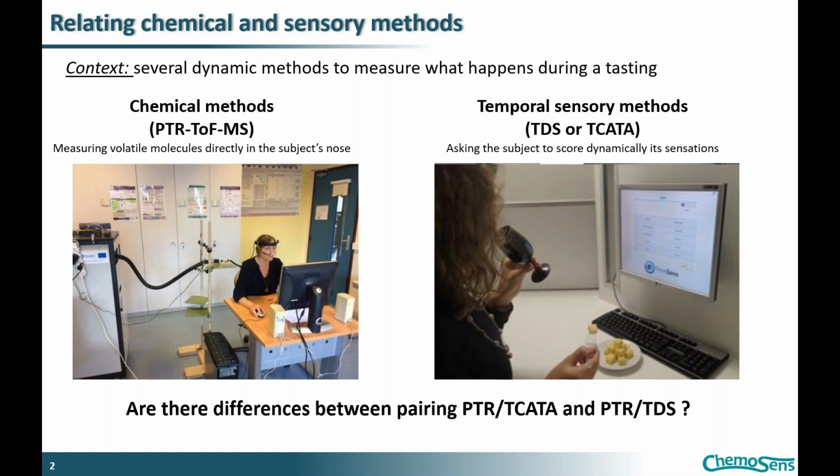And we also have temporal sensory methods, which are called TDS or TCATA. I am going to develop that later, but it consists in asking the subject to score their sensations dynamically. And the question of the study that I'm going to present was: are there differences between pairing PTR with TCATA or PTR with TDS, these two sensory methods?